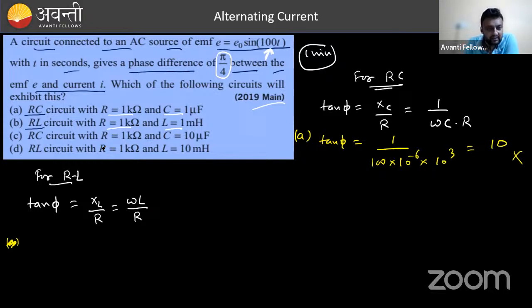For the RC circuit, we can just finish it right now, because we have started with RC. In which option is the RC circuit there?